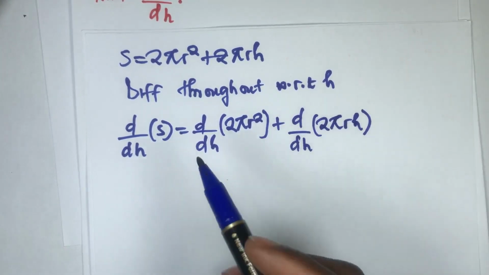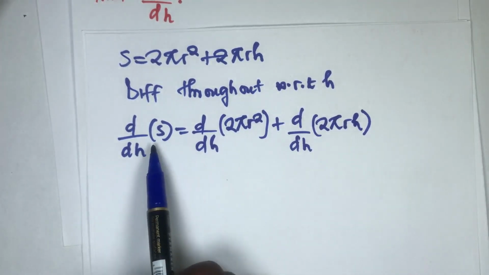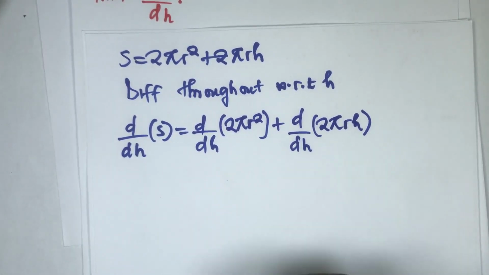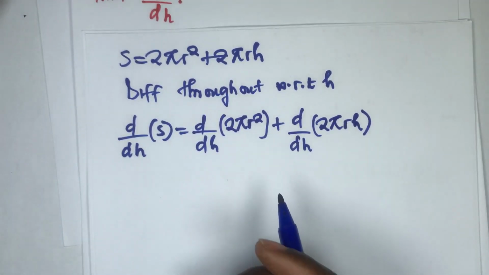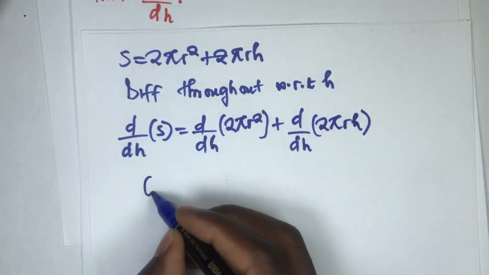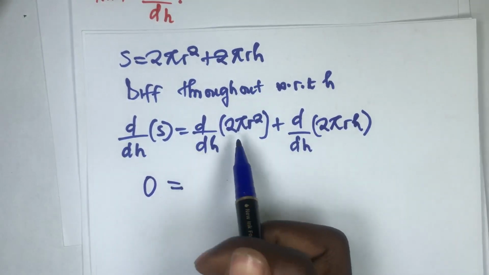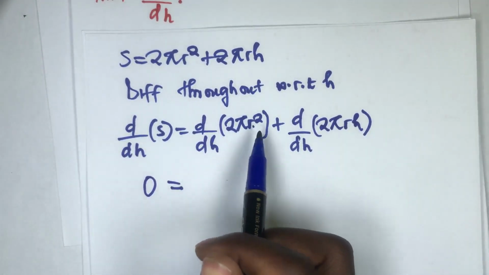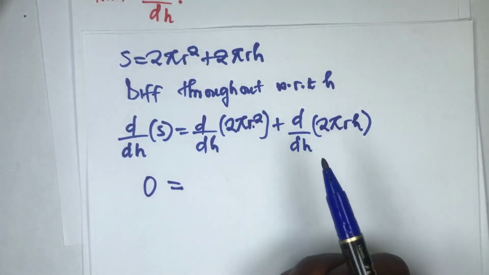Now in the question we've been told that S is a constant. If S is a constant, every time you differentiate a constant with respect to any variable, you just get 0. So we're going to have 0 this side. Now this term here: we're differentiating r with respect to h, which is a completely different variable from r.